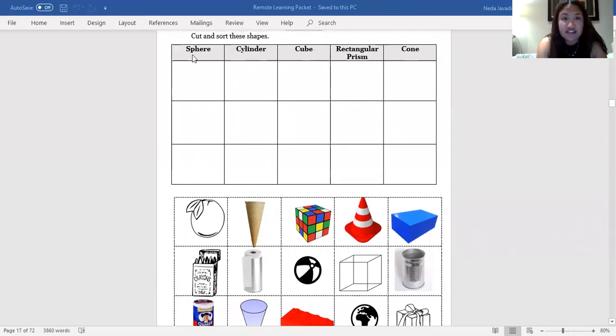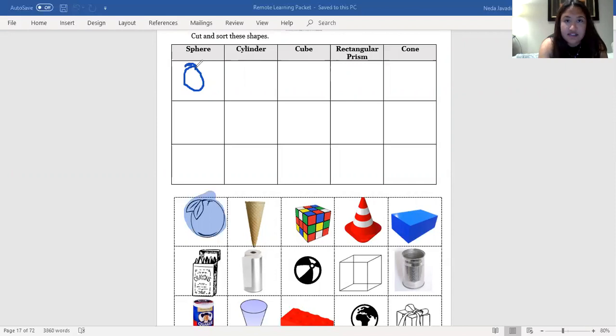So if you see a sphere, like this shape, for example, you're going to draw this shape right here that you see over here in the spot. So it would look something like this, like that.